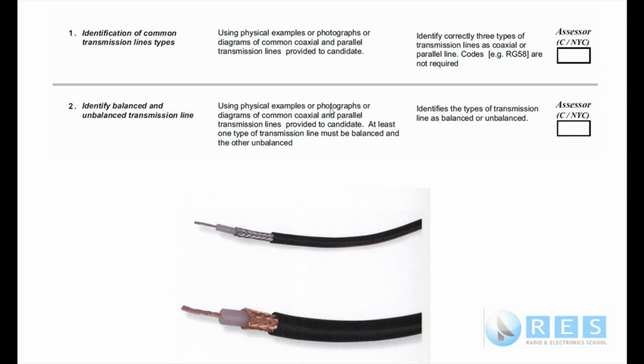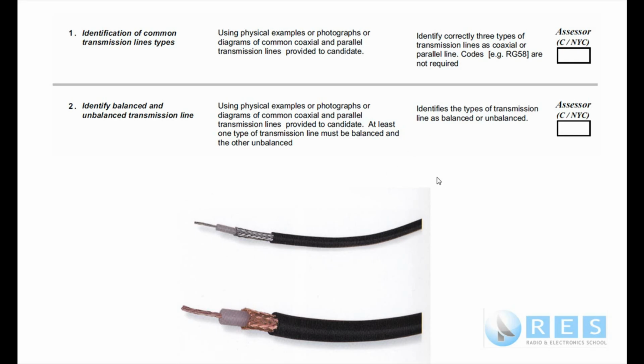Using physical examples or photographs or diagrams of common coaxial and parallel transmission lines provided to the candidate, at least one type of transmission line must be balanced and the other unbalanced. And the candidate is required to identify transmission lines as either unbalanced or balanced.